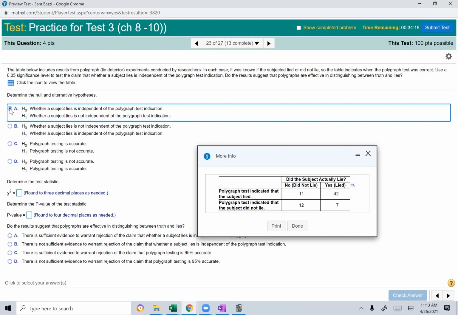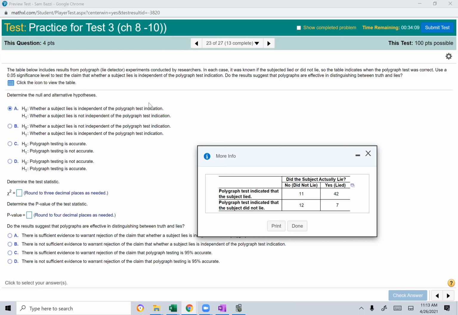Okay. And we want to see if they are independent. So the claim is in H0, guys. So just keep in mind that the claim is in H0.